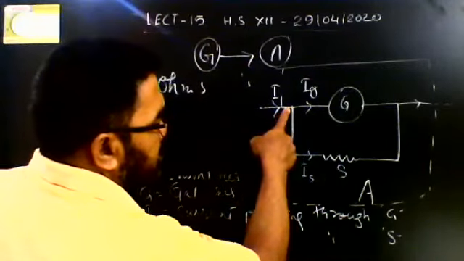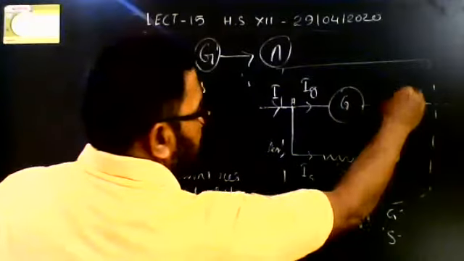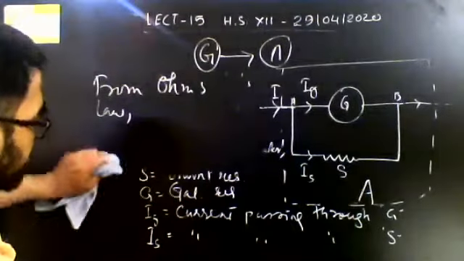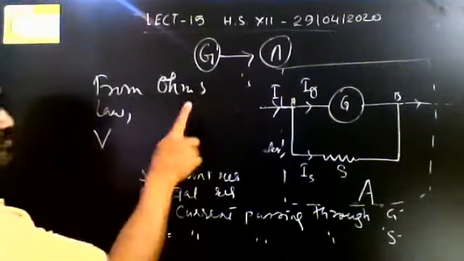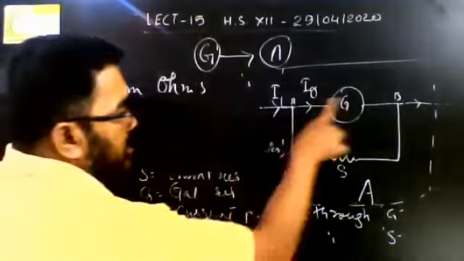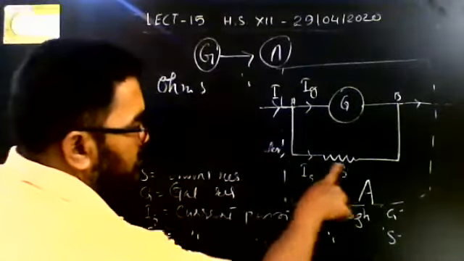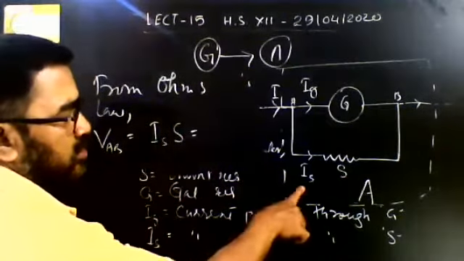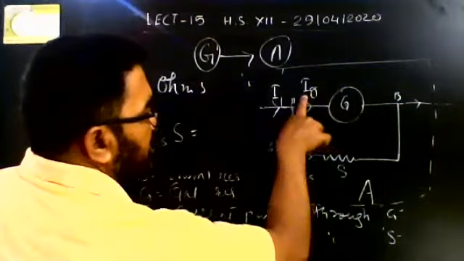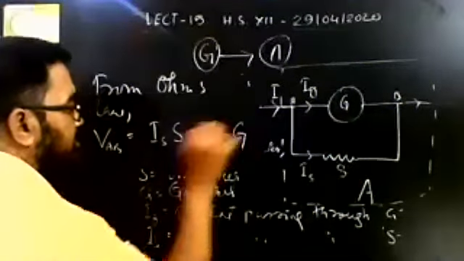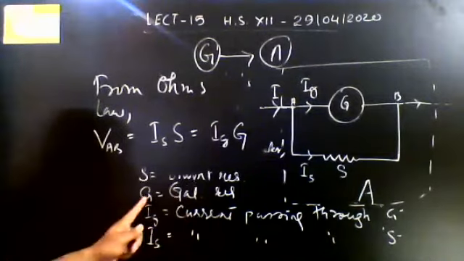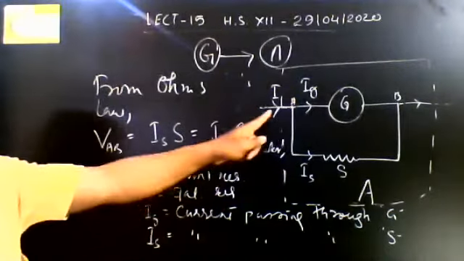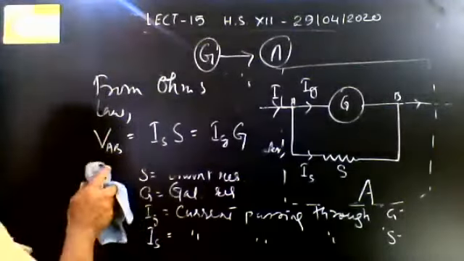If you consider the voltage at this point and this point, A and B, if the potential drop is VAB between A and B, according to Ohm's law, if we go through this, it will be Is times S, current into resistance, and at this point, current into resistance, Ig times capital G. S is the shunt resistance, capital G is the galvanometer resistance, Ig is the current passing through the galvanometer, Is is the current passing through the shunt resistance, right? So according to Ohm's law, we get this relation.